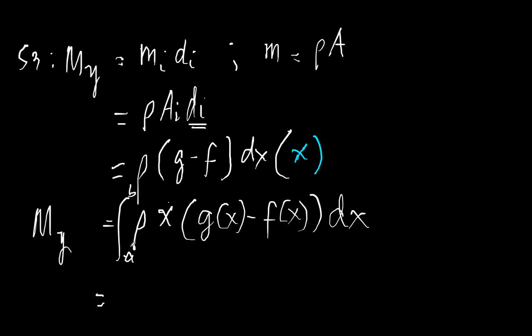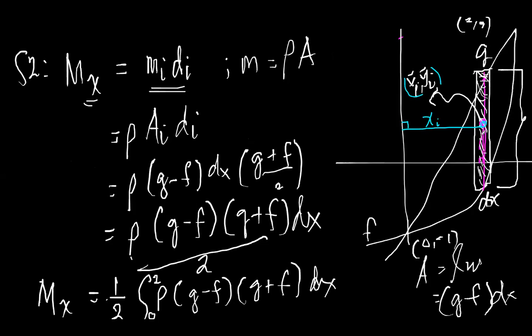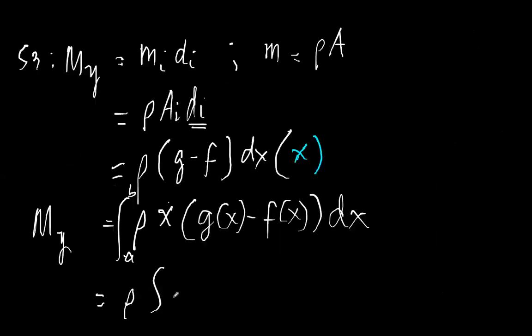So we knew that rho here is constant or uniform. So it is considered a constant. So just take it as a coefficient of the given integral. Since we're still dealing with the vertical rectangular representatives, we're talking about the x coordinates of the points of intersection, which are 0 and 2, or from 0 to 2.